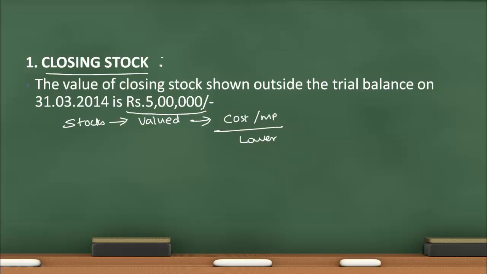So now we'll get started. What is going to be the effect of this closing stock as an adjustment? Students, closing stock will have two effects. The first effect will be in the profit and loss account, or I would even say the trading account. The first effect will be on the credit side of the trading account.